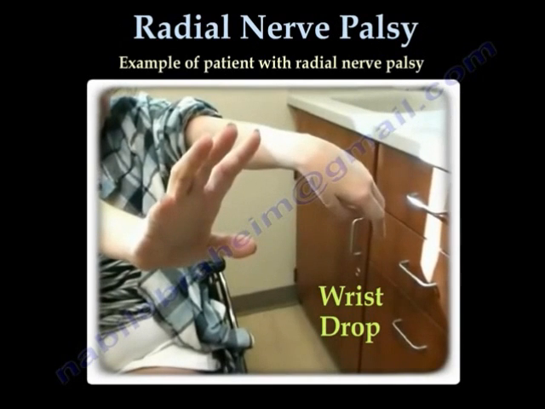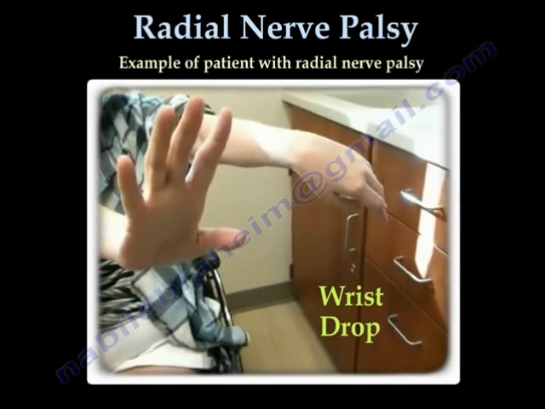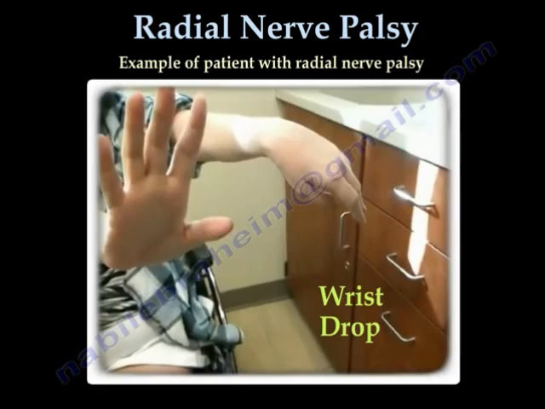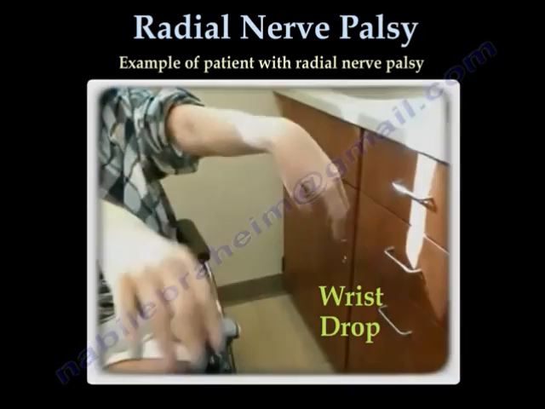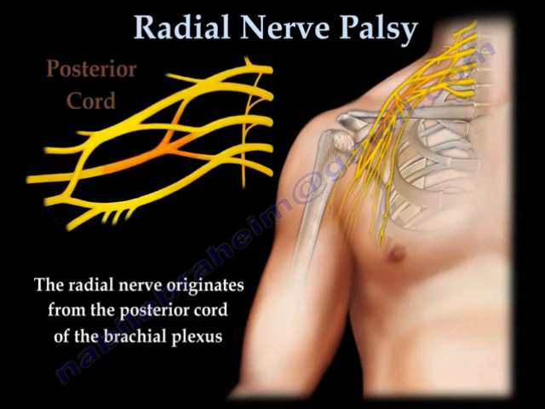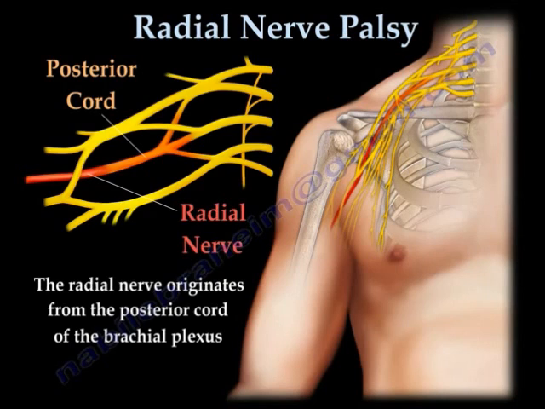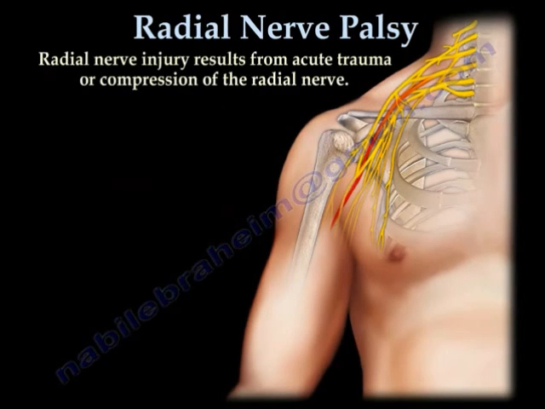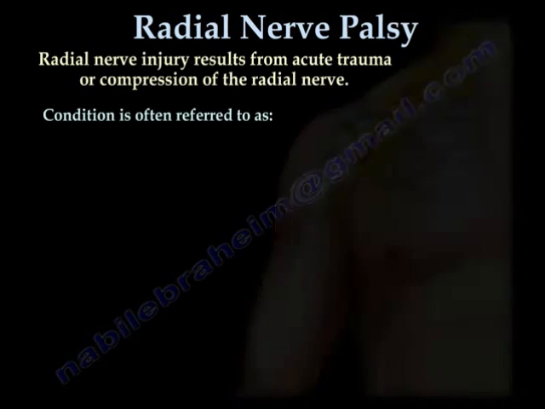Radial nerve palsy. Example is a patient with radial nerve palsy with wrist drop. The radial nerve originates from the posterior cord of the brachial plexus. Radial nerve injury results from acute trauma or compression of the radial nerve.